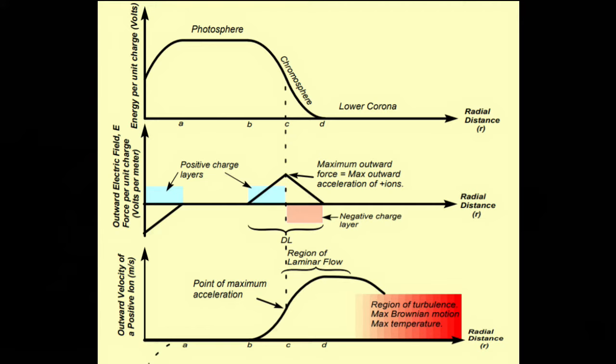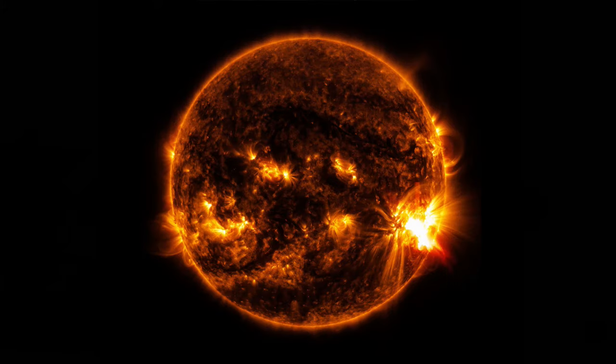Any ions attempting to escape outward from within the sun must have enough energy to get over this energy barrier. So the presence of this single positive charge layer at the bottom of the photospheric plasma serves as a constraint on unlimited escape of ions on the surface of the sun. Granule shrinkage and movement.